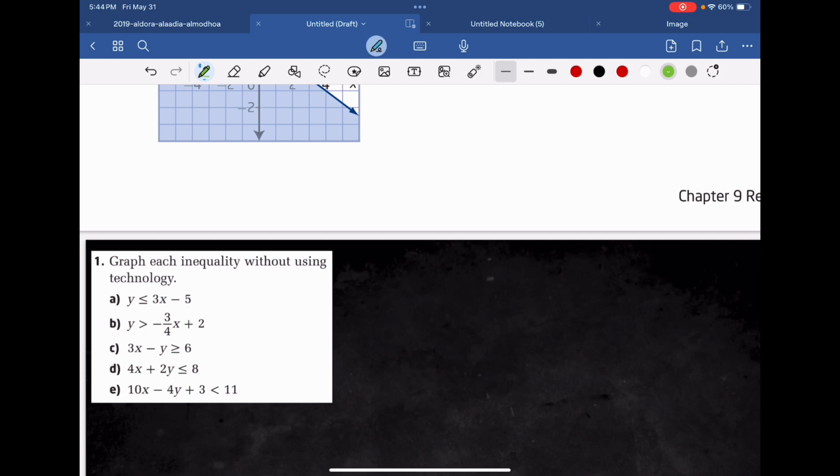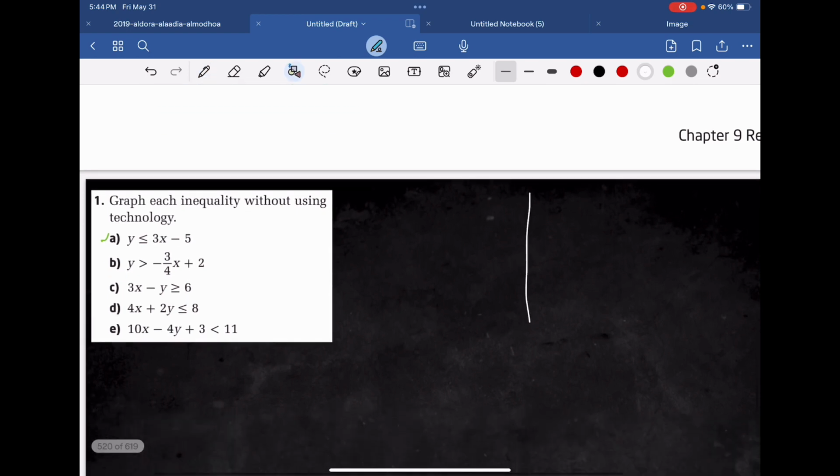So to graph this, the first thing we should do is have our x and y axis. So this is our x and y axis. What I will do here is give some value for x to find y.